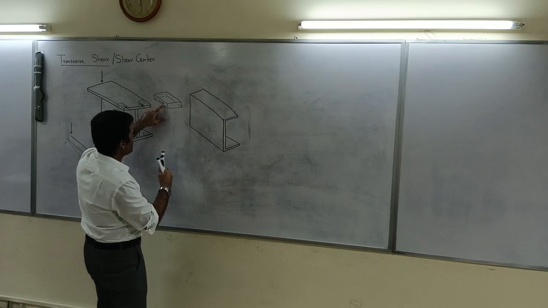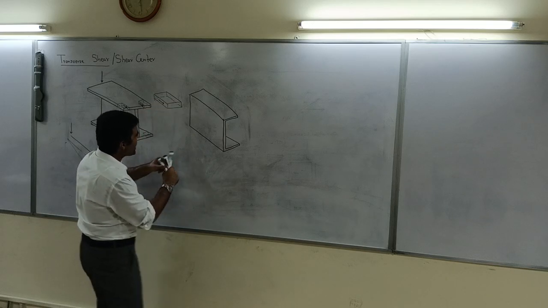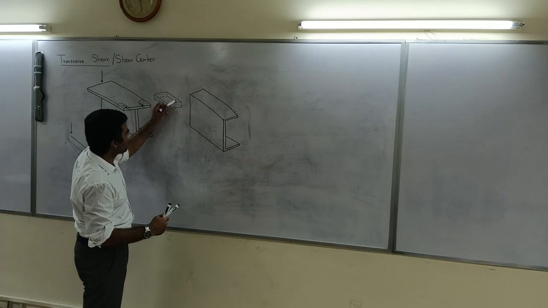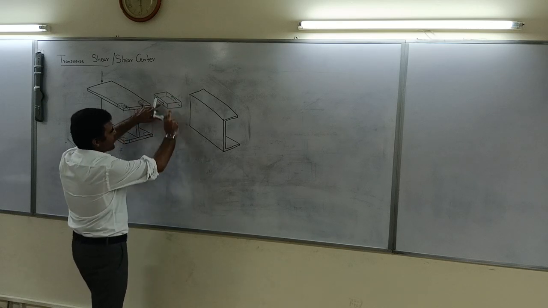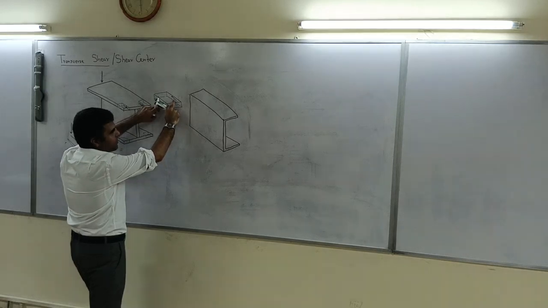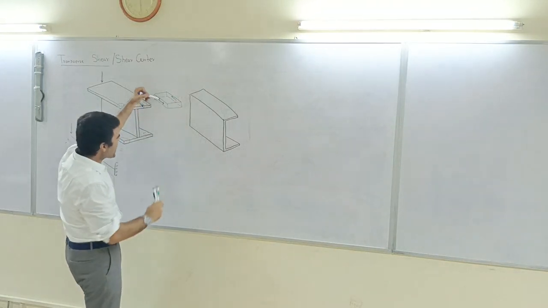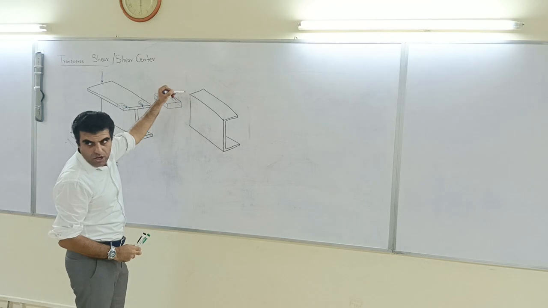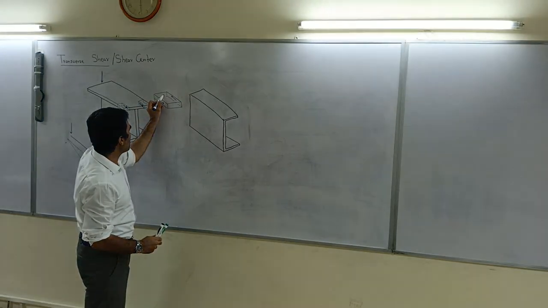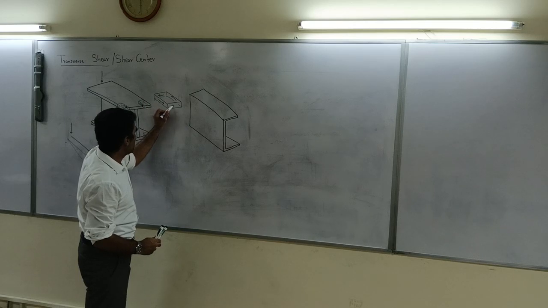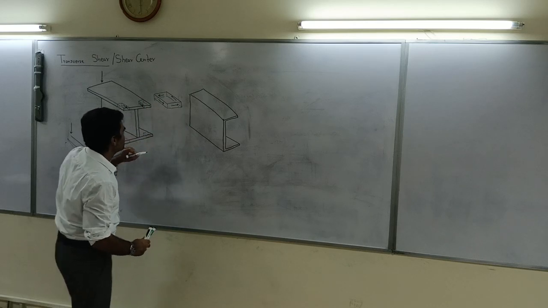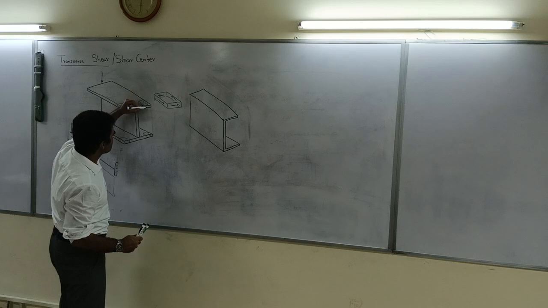So if I apply load in this direction, I have to apply an equal and opposite load in this direction. So if this is applied, this one must be in the opposite direction, and they cause a counterclockwise movement, so I have to apply a clockwise load in this direction and in this direction.